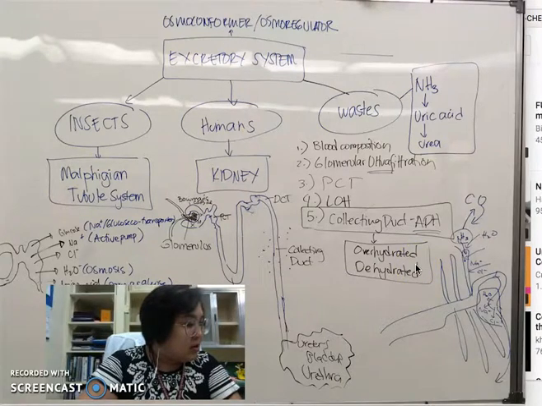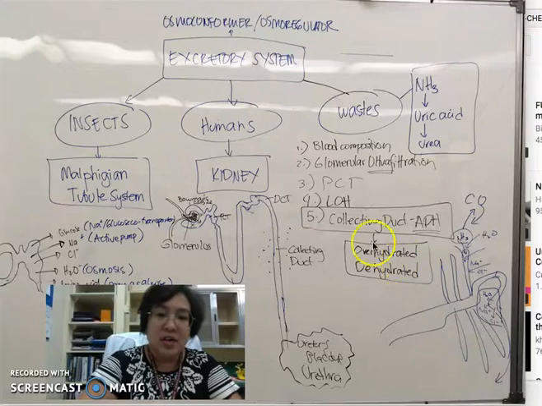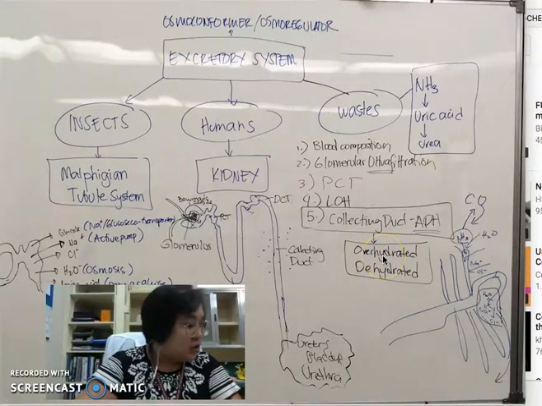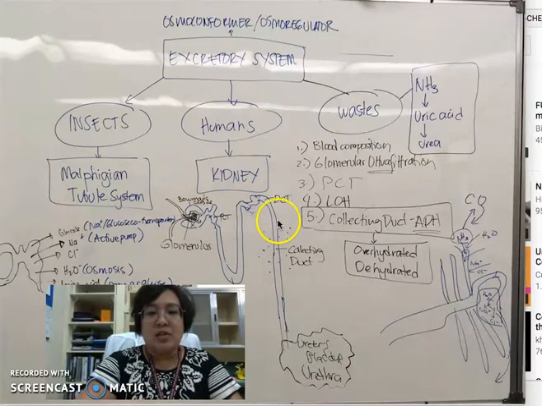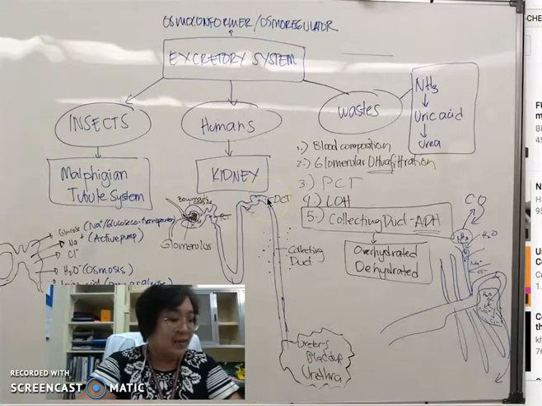Please read about the consequences of dehydration and overhydration also in your book. Now, if something is wrong with the kidney, then obviously your filtering mechanism is also going to be messed up, and you might end up with a disorder or disease called kidney failure.